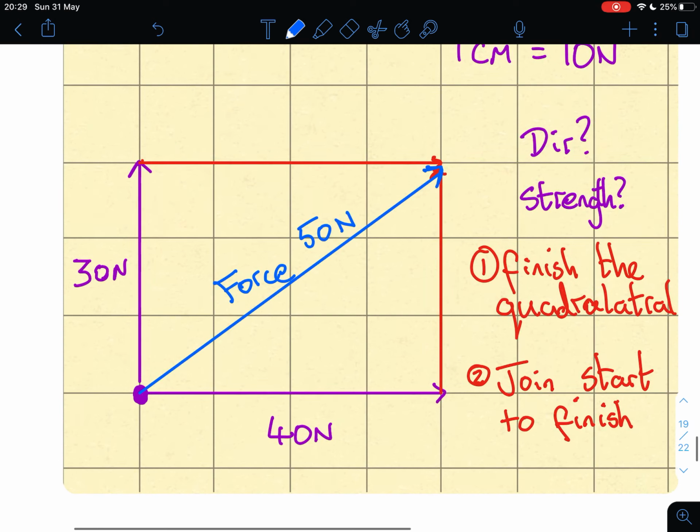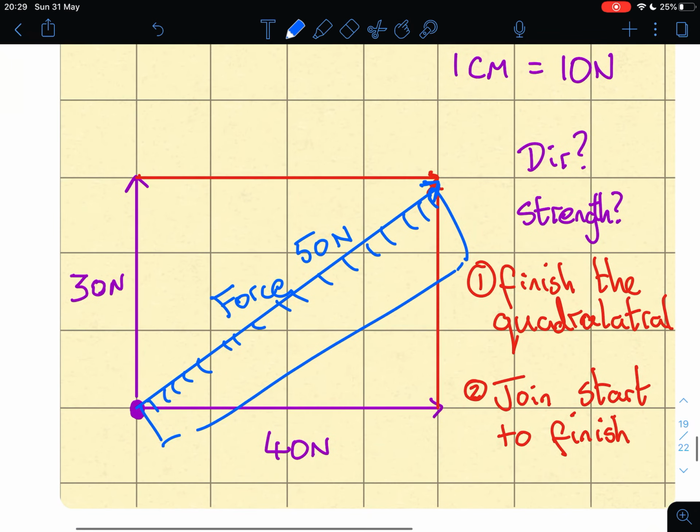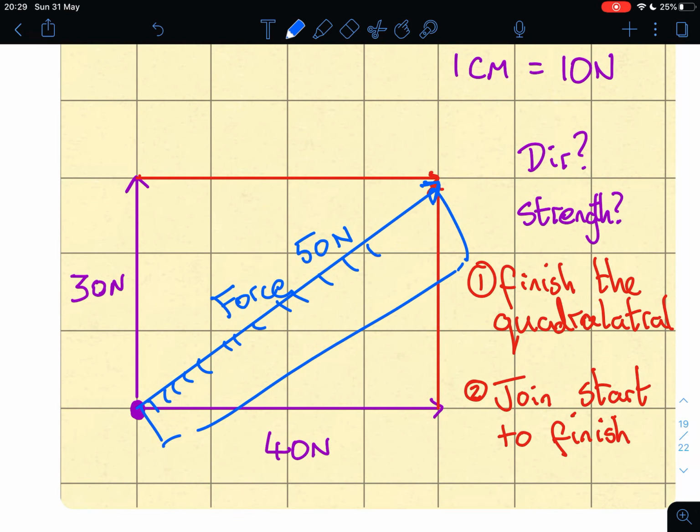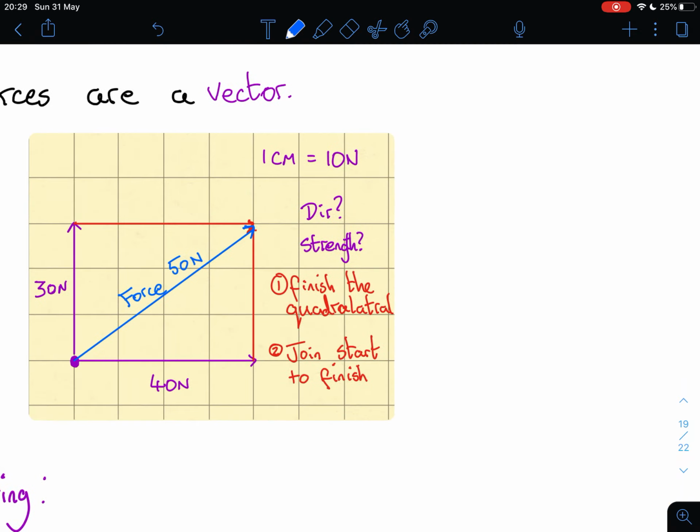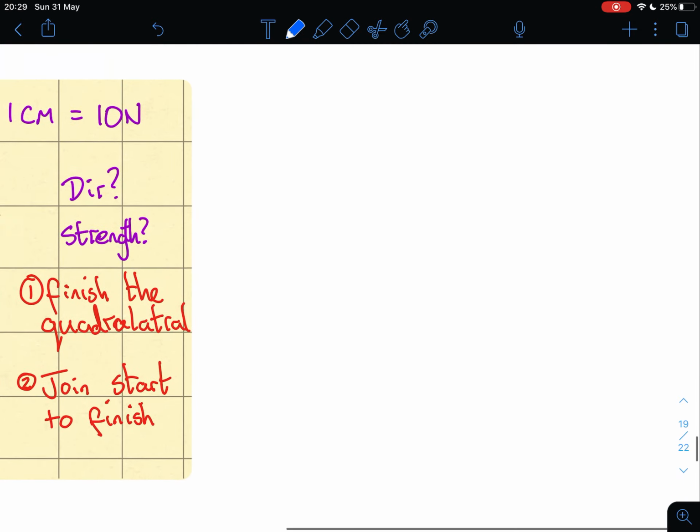So all you do is you put your ruler on it, measure it, use your scale, read your scale off and put your answer in. If you want to be mega sure, you can use Pythagoras, but you don't have to for this. So that is measuring forces with a vector. Have a go at 2 more.